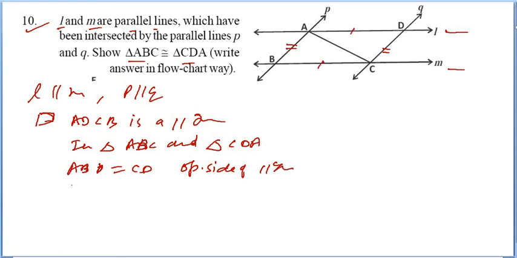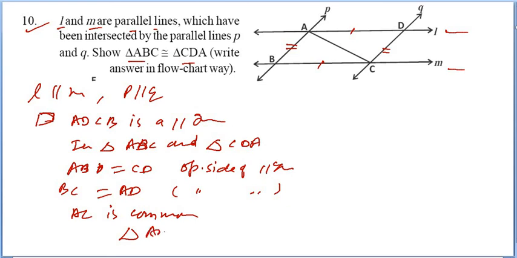BC is equal to AD, also opposite sides of a parallelogram. And AC is common. That means the triangles are congruent. So triangle ABC is congruent to triangle CDA by SSS. Hence proved.